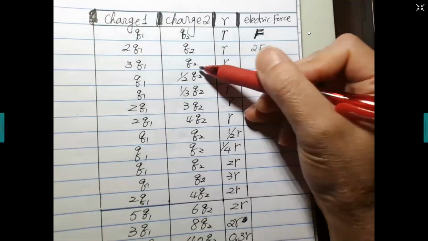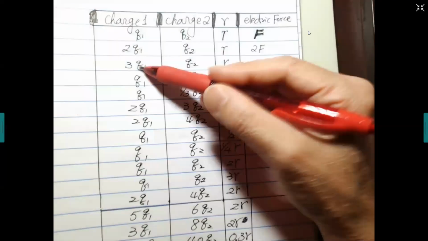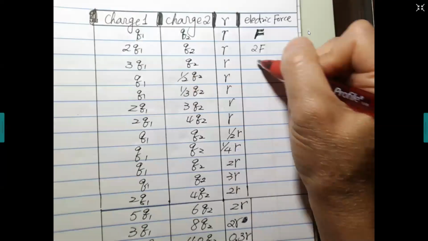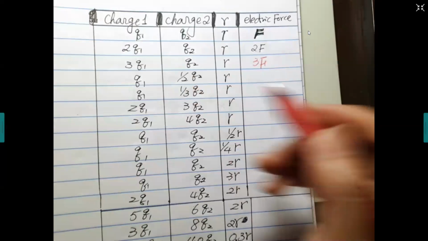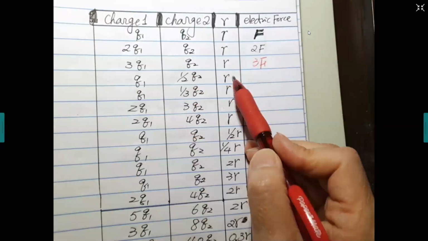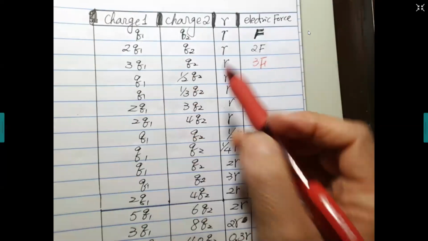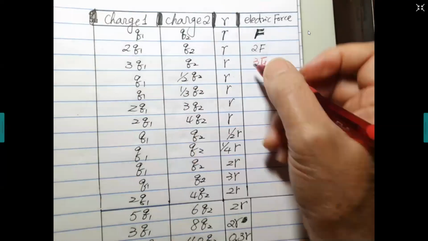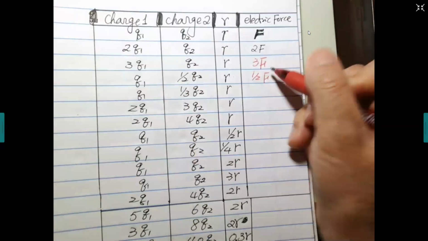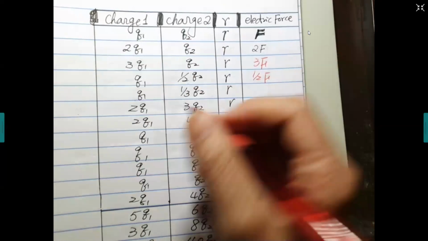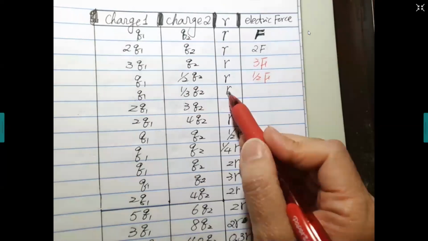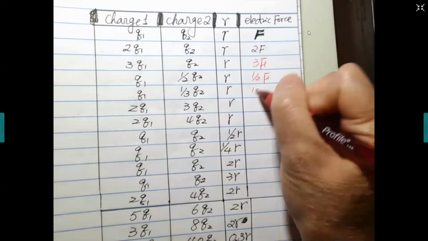When they remain the same and one of the charges becomes tripled, the force will be tripled. Okay, one charge remains the same, the separation remains the same, and the other charge becomes 1/2, then the force becomes 1/2.